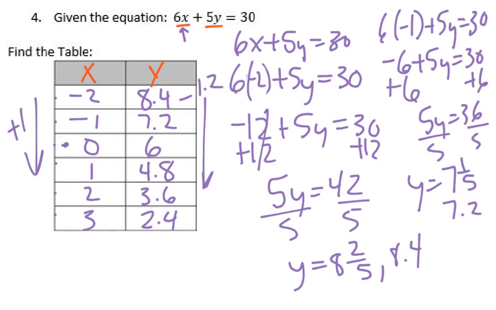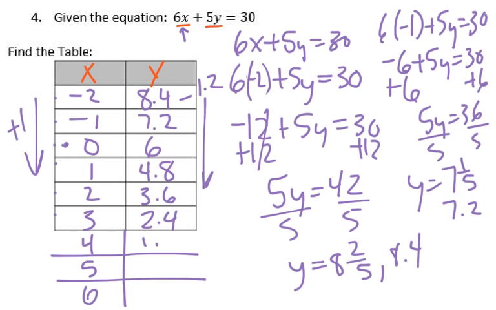Now, is that the best pattern? Not really, but we could continue our table if we wanted to, and we'd come up with 1.2, then 0, then negative 1.2. Okay? Notice that we do have a couple nicer looking numbers, and I could have modeled my table differently.